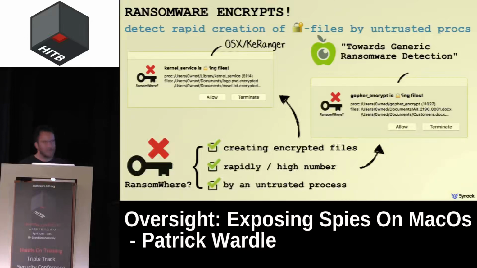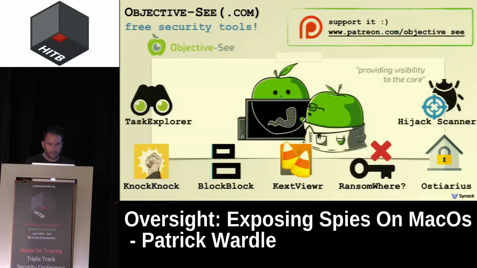And anytime it sees this, it just pops up to the user and says, hey, this process has created 2 or 3 encrypted files, are you cool with this? And yes, some users will click yes, but hopefully, some users will click no. So again, this is able to generically detect all known versions of Mac ransomware, because it's not trying to detect the malware per se, but the behavior of it.